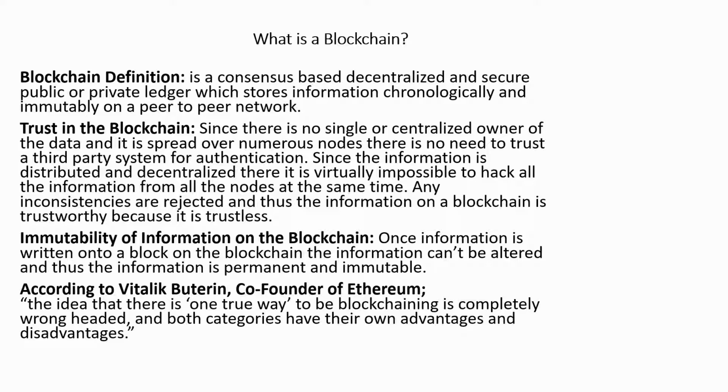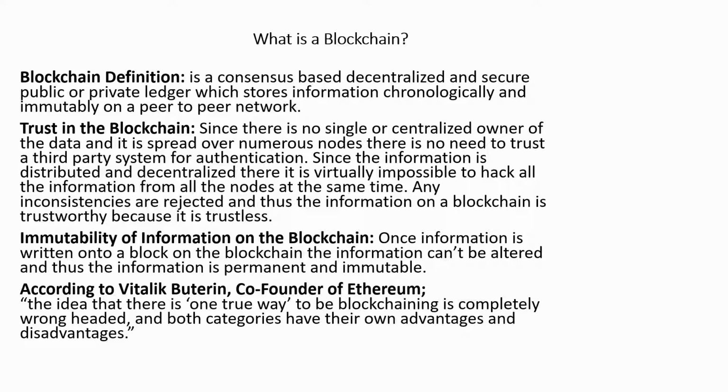Since there is no single or centralized owner of the data, and it is spread over numerous nodes, there is no need to trust a third-party system for authentication. Since the information is distributed and decentralized, it is virtually impossible to hack all the information from all the nodes at the same time. Any inconsistencies are rejected, and thus the information on a blockchain is trustworthy because it is trustless.